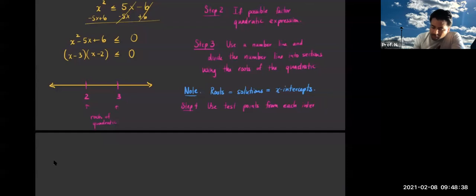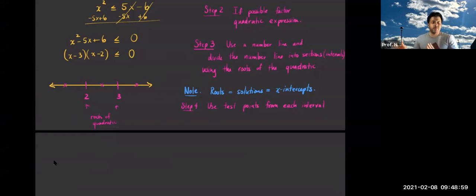These sections are going to be called intervals. When you divide up the number line, you get an interval, right? So now I'm going to select, not randomly, a number.